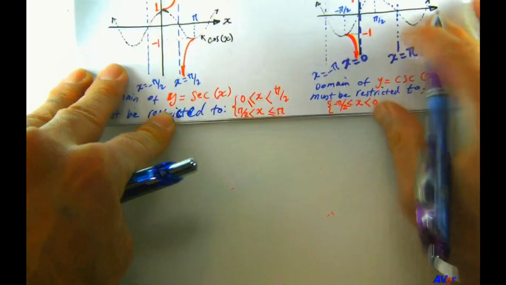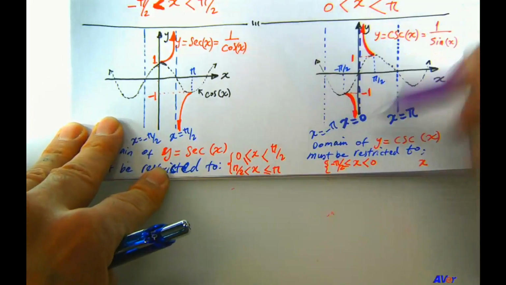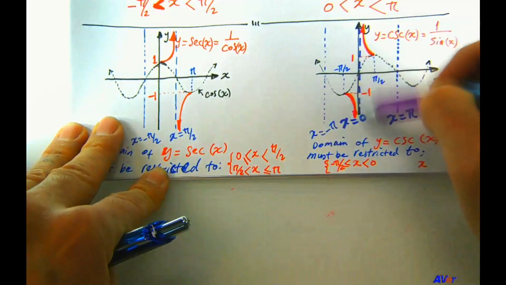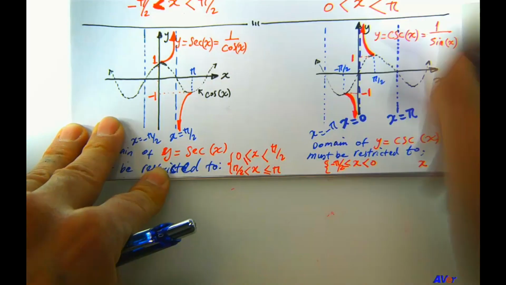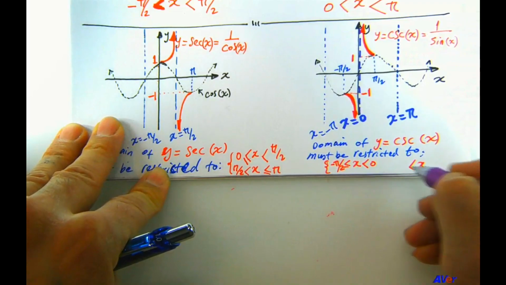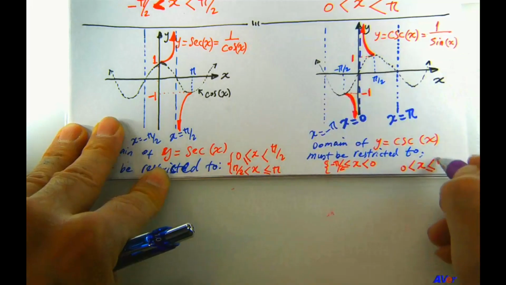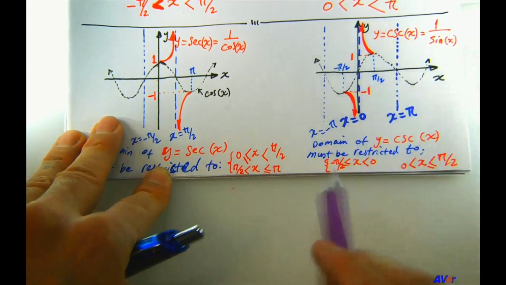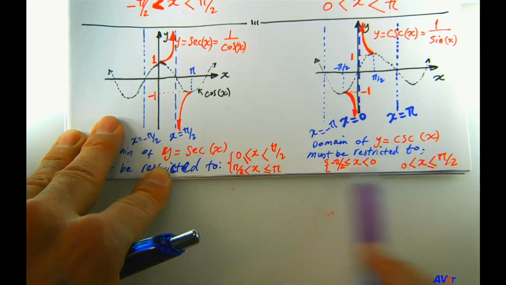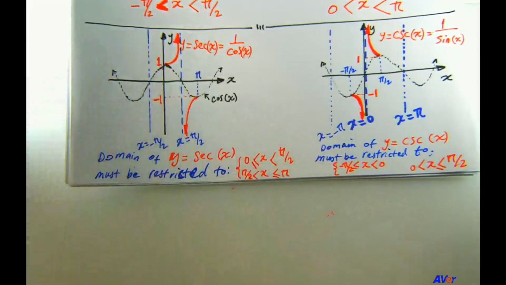And for this piece, so what we wrote down is for this piece. For this piece, x should be greater than 0, less than or equal to pi over 2. So the domain of the cosecant function should be restricted to these two regions, such that it will have an inverse.